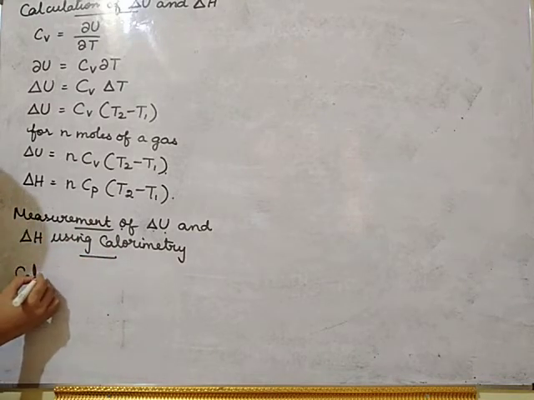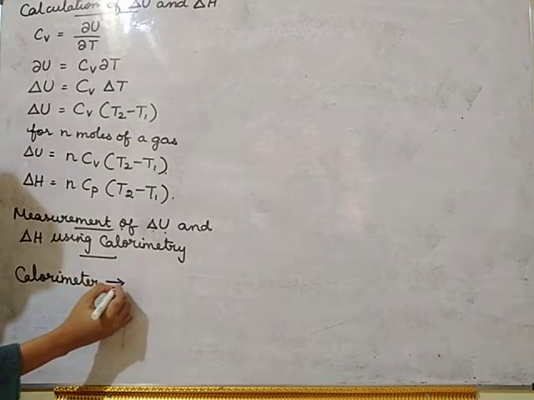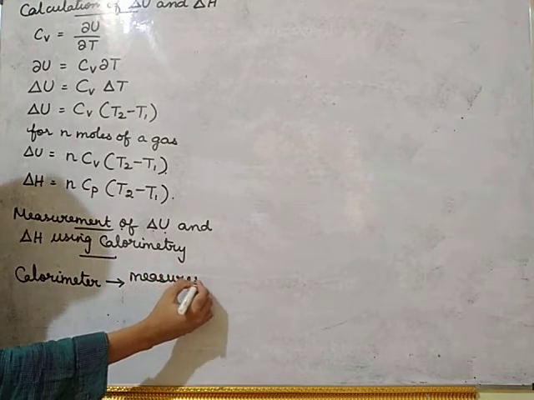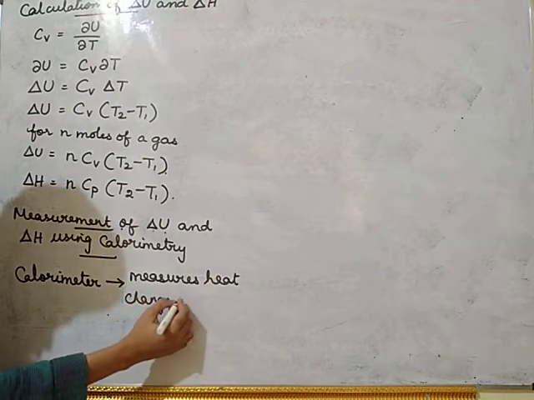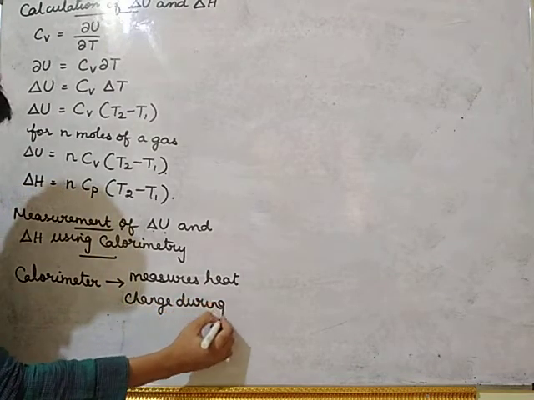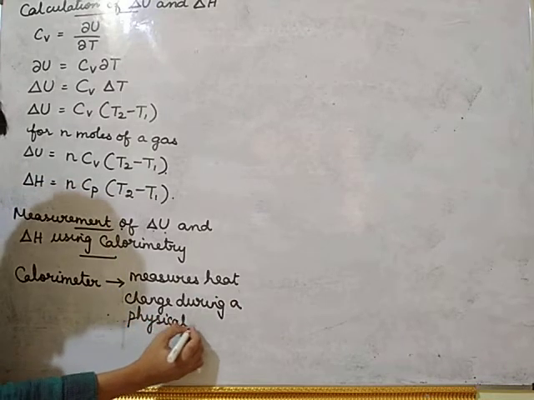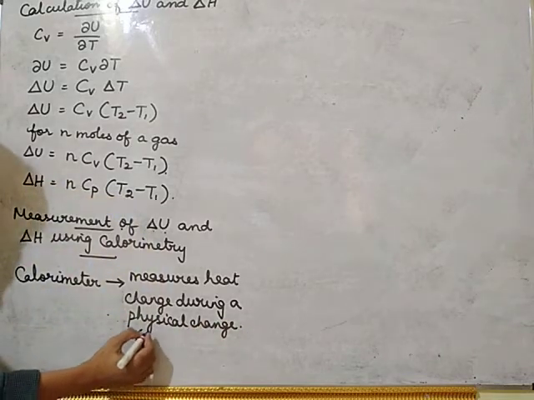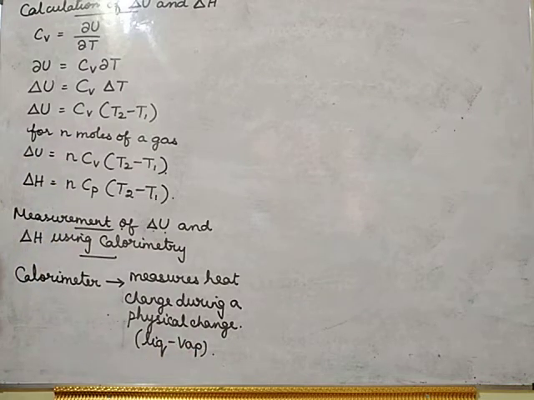Calorimetry means we will be using an apparatus called a calorimeter. Calorimeter is an apparatus which is used to measure the heat change during a physical change, meaning when a liquid changes into vapor or when a solid changes into liquid.